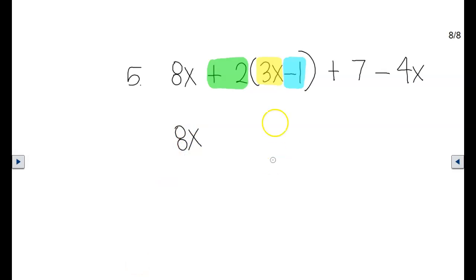And now we're going to do our distributive property. So we'll do a positive 2 times 3x. Positive 2 times 3 is positive 6. And then I reattach that x. Please don't forget to reattach variables as you're doing this, because if you do, it will mess you up on your like terms. So watch for the details.